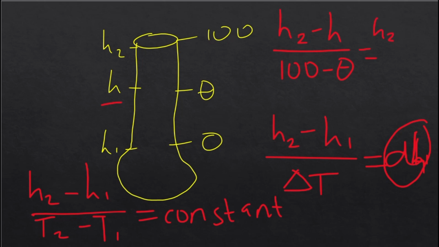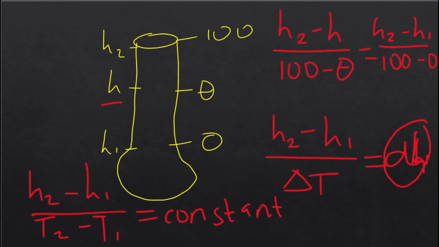And from H2 to H1, there is also a change in temperature, and this corresponds to 100 minus 0. So in this formula, if you can measure the height H, and you also know the height at 0 degrees Celsius and the height at the boiling point, 100 degrees Celsius, you can easily calculate any temperature in between, any height you measure. You can easily calculate any temperature without even the calibrations.